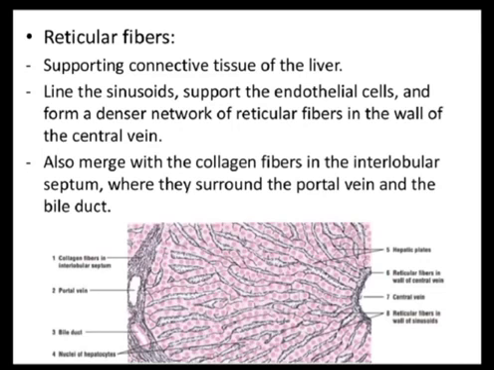When we see under the microscope, we will find roughly pentagonal or hexagonal structures which are known as the hepatic lobules, and according to the classical concept of the liver structure, the liver substance is described to consist of numerous hepatic lobules.